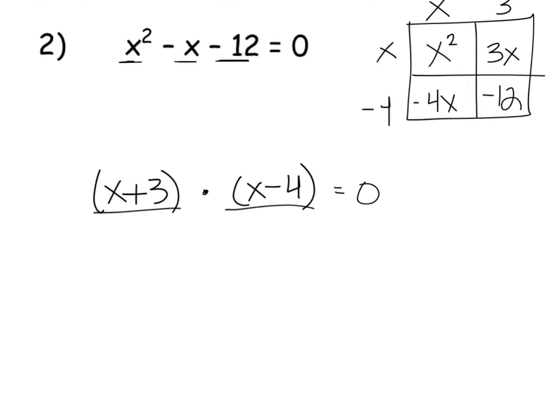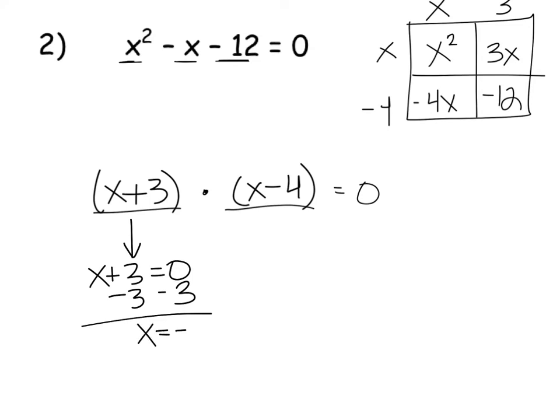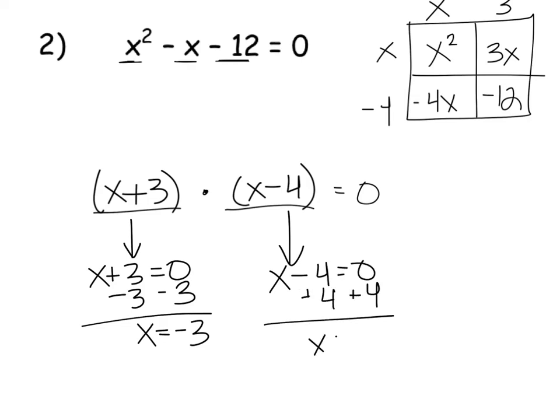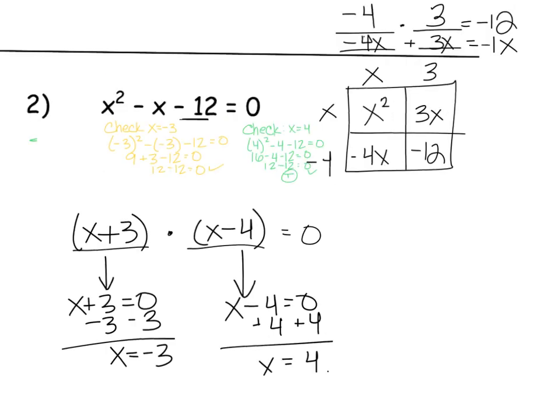And now I'm ready to set my factors equal to 0. Either x + 3 = 0, which gives me x = -3, or x - 4 = 0, which gives me x = 4. I can also go back and plug those in to make sure that they work. When I plug in -3, I get 9 - 3 - 12 = 0, correct? And if I plug in 4, I get 16 - 4 - 12 = 0, which is also true. Let's try one last example and then it will be time for you to practice.